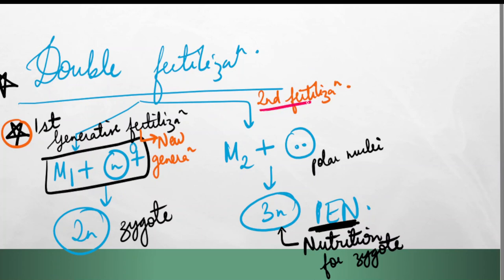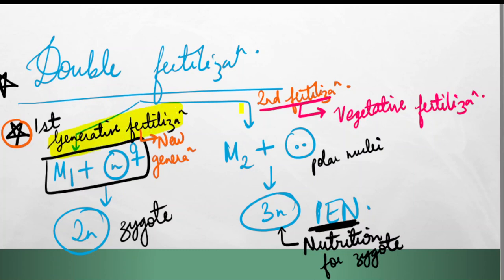So the second fertilization is known as vegetative fertilization. These are very important terms you should know: what is generative fertilization and what is vegetative fertilization.